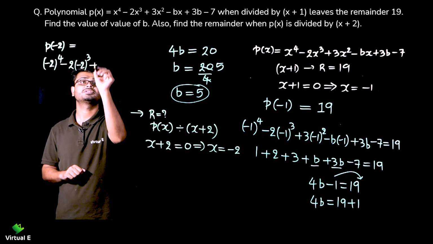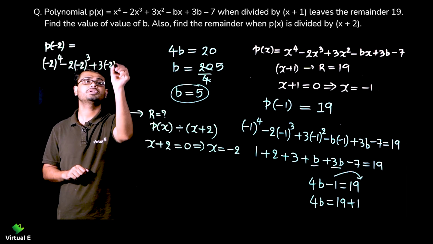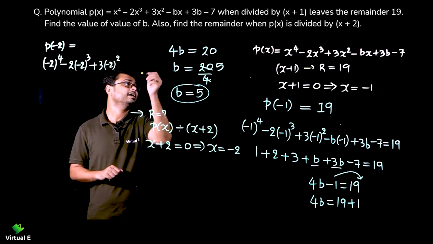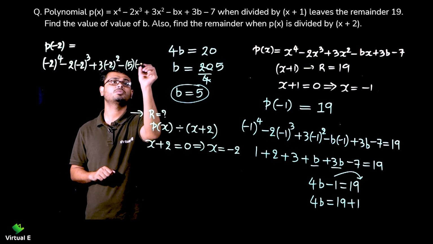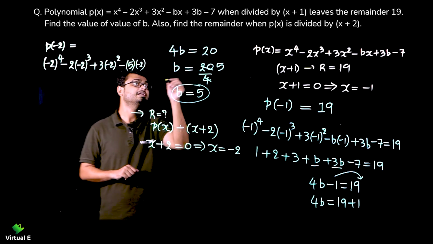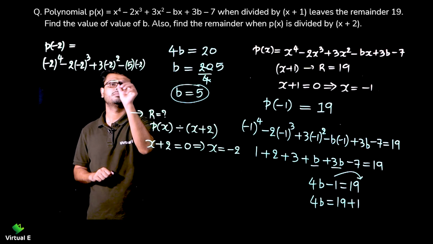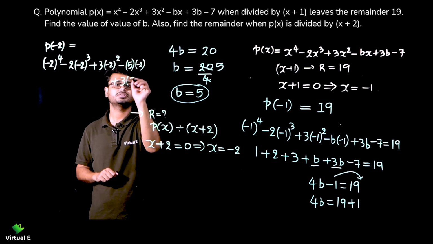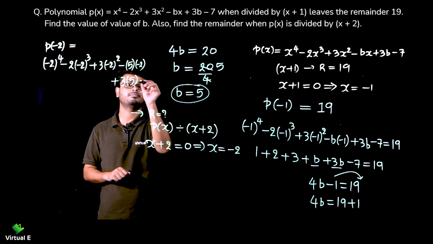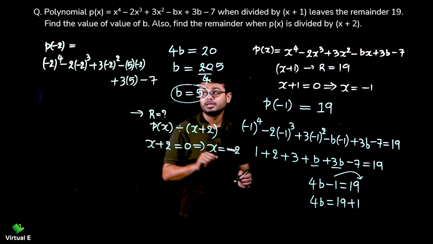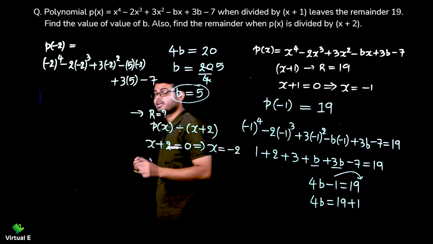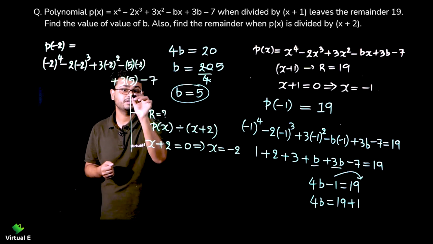Then plus 3 times (minus 2) raised to 2. Then minus b is what? 5. X is what? Minus 2. Then plus 3b, plus 3 into b is 5, and minus 7. So this is it. This is what we need to simplify.